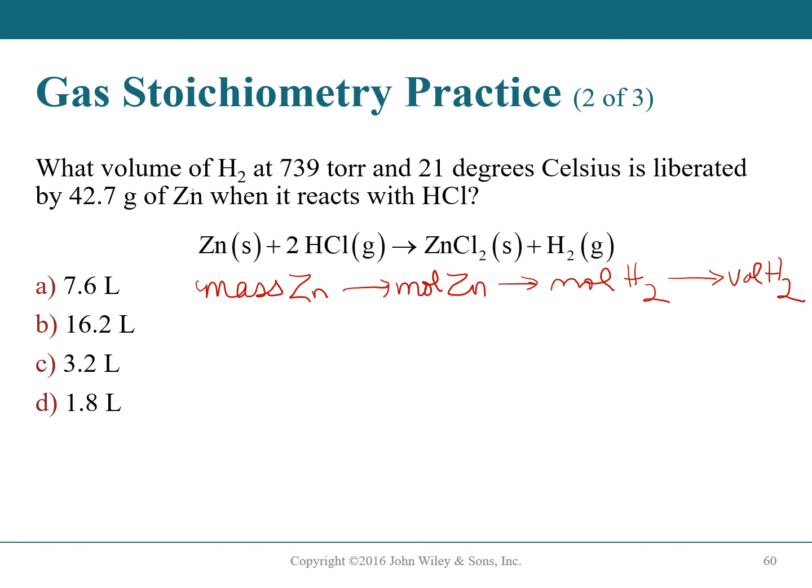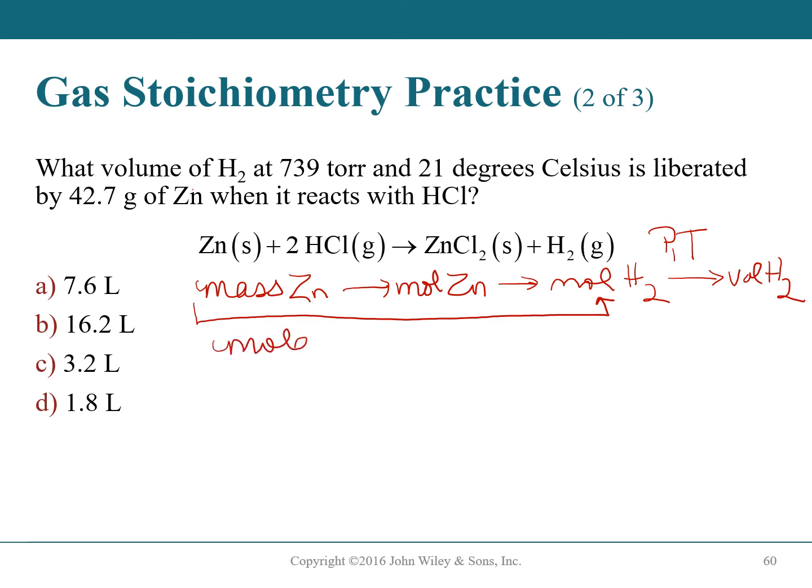Now, since this is not at STP, we're going to use the ideal gas law. So like we did in the previous slide, we're going to do the first two steps here, and then in a separate step for the ideal gas law, we'll get the volume. So what do we need as our conversion factors? We need the molar mass.